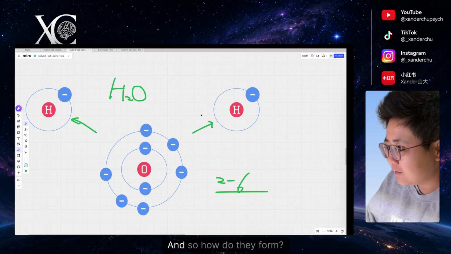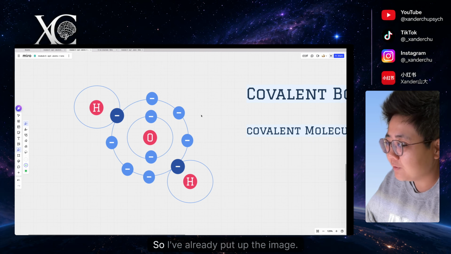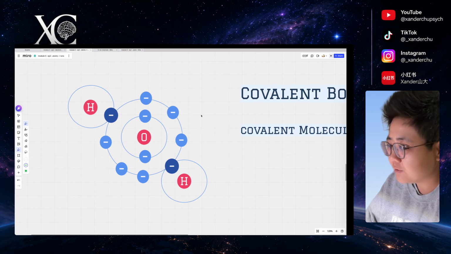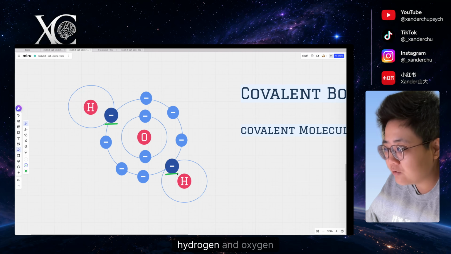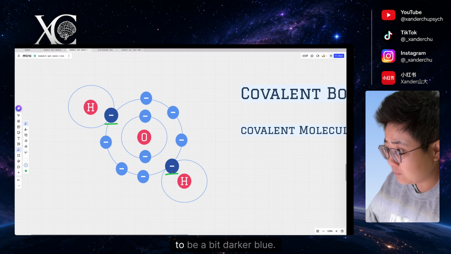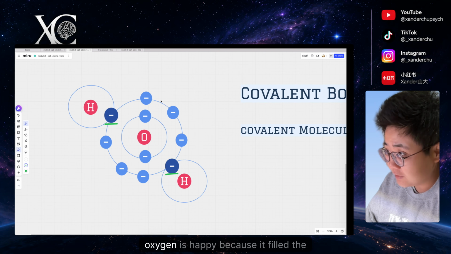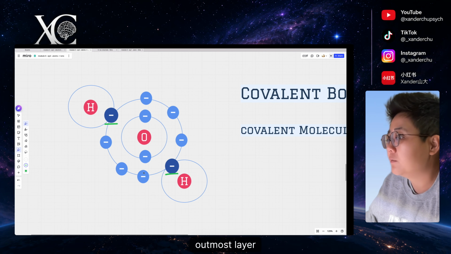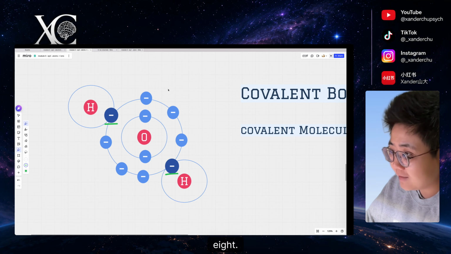H2O, right? And so how do they form? Let's have a look. I've already put up the image. I've made the electrons that are shared between the hydrogen and oxygen a bit darker blue, and everything else is kept the same. Now, oxygen is happy because it filled the outermost layer with more electrons, and it also has 8.